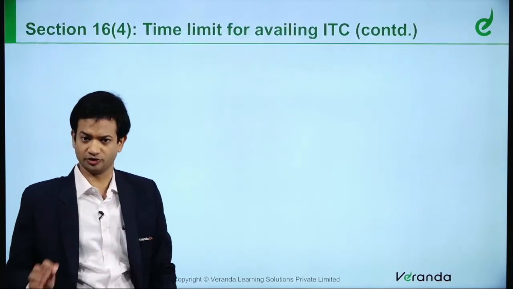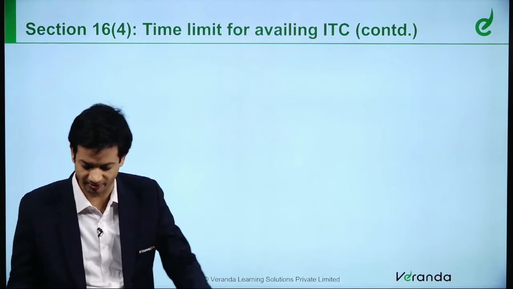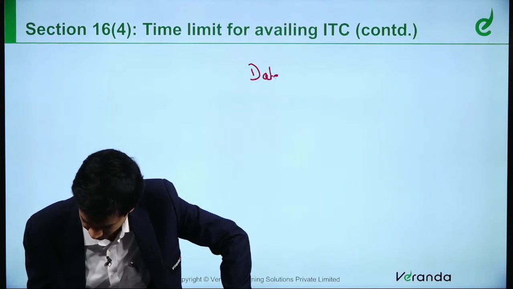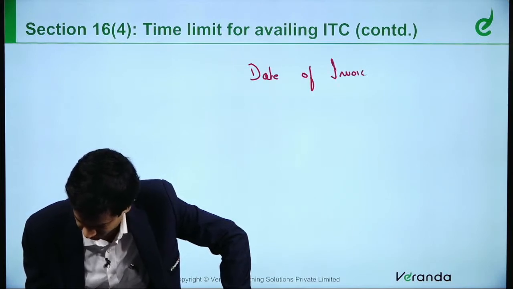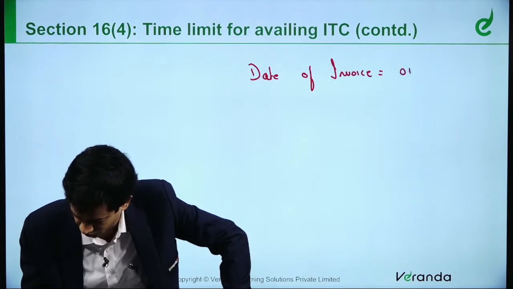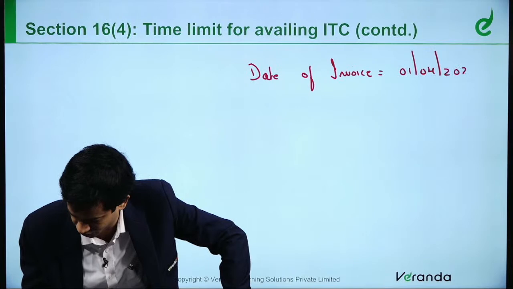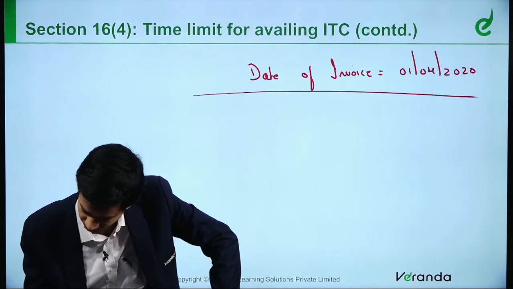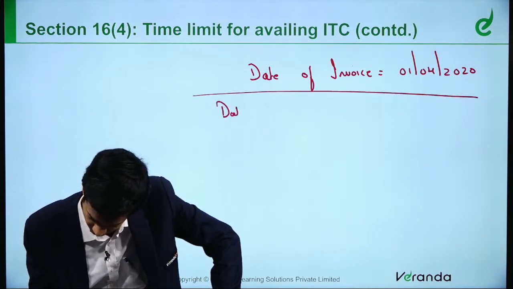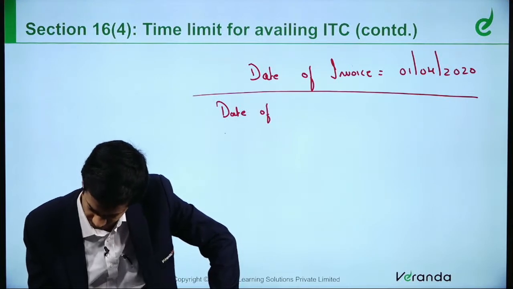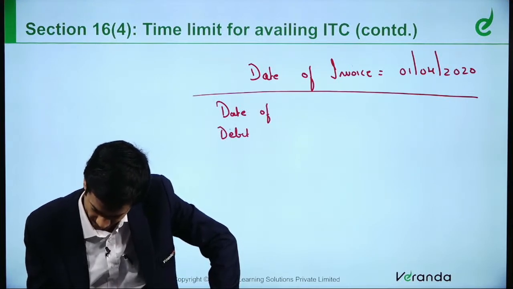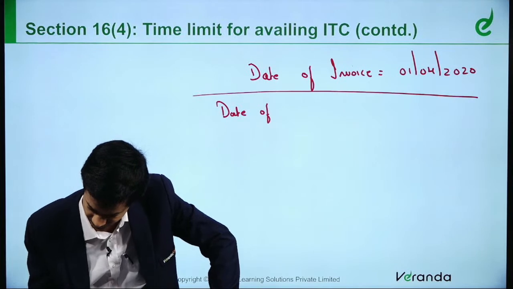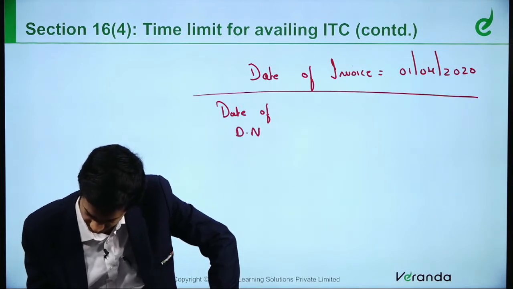Now we'll discuss the amendment. So this was the basic provision. First I gave you a background, now we'll discuss the amendment. Let's say an example. The date of invoice is 1st April 2020. Now, the date of debit note.